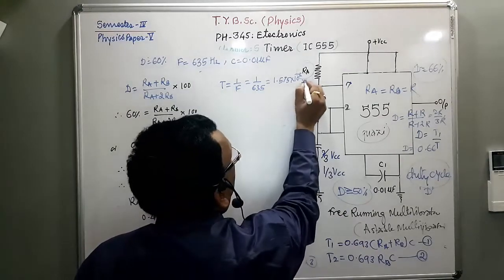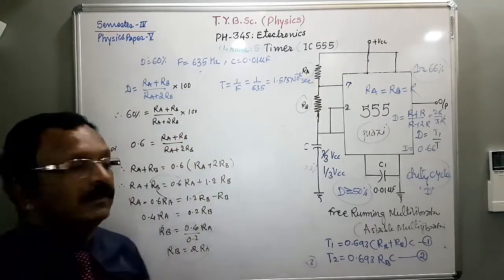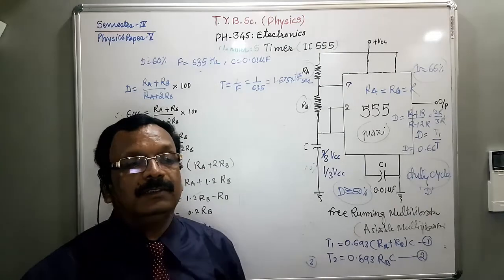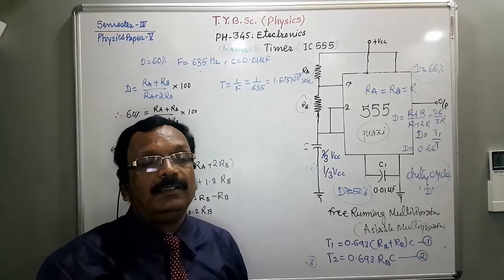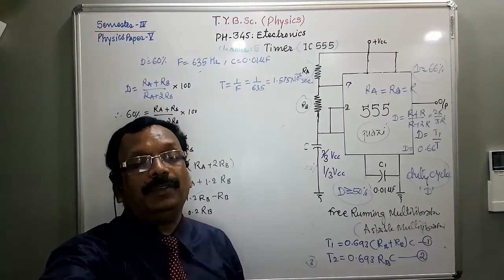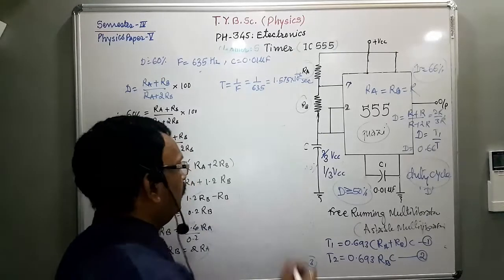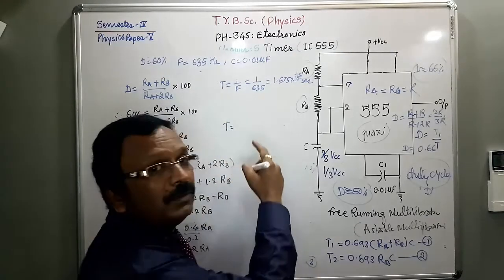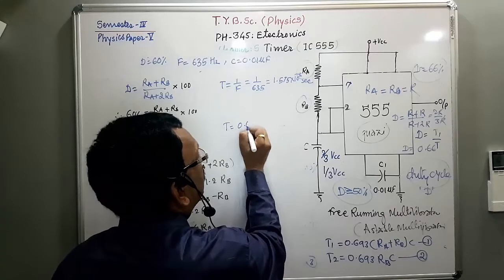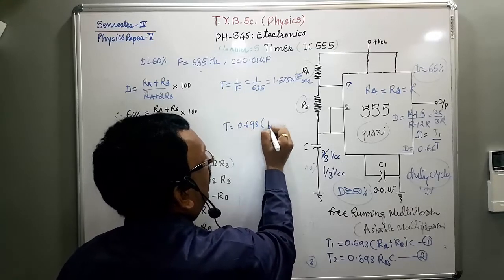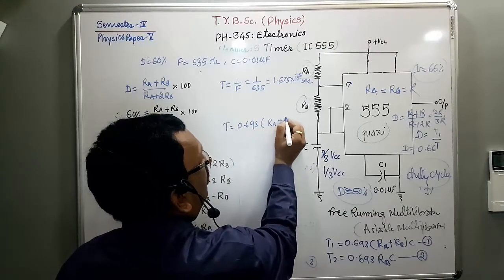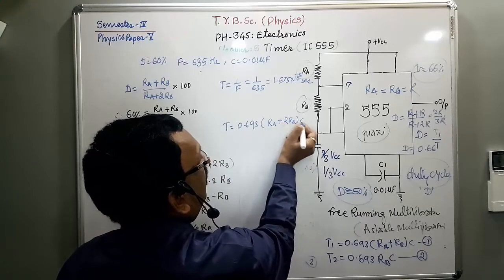This is the total period. We know that the total period of the wave is T is equal to 0.693 in bracket RA plus twice RB into C.